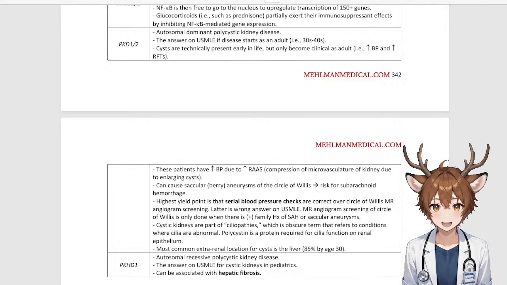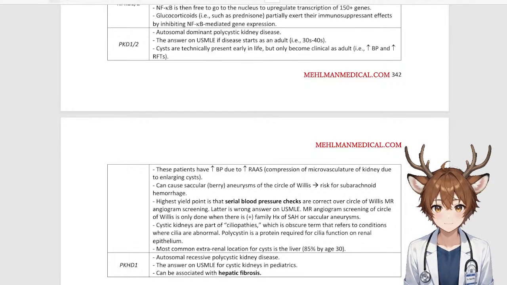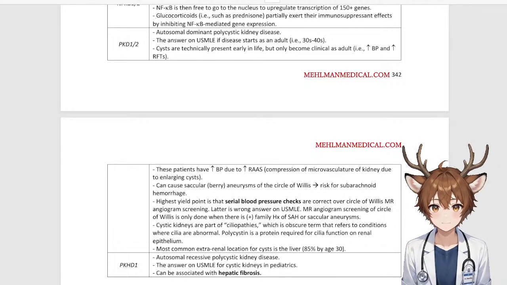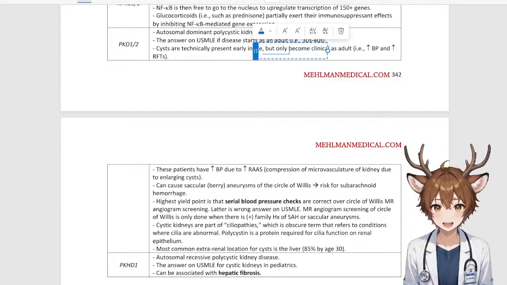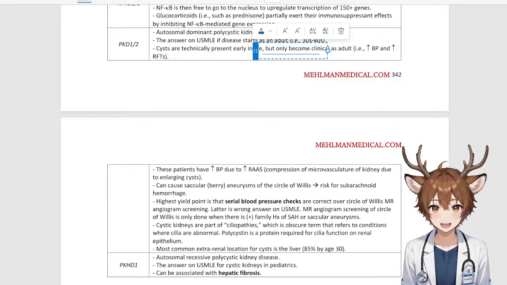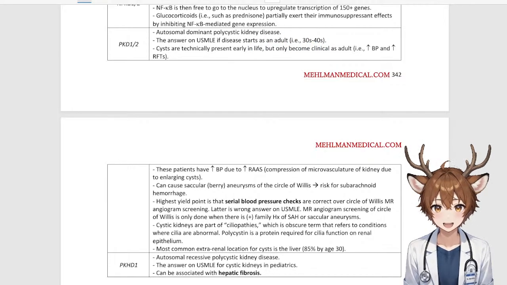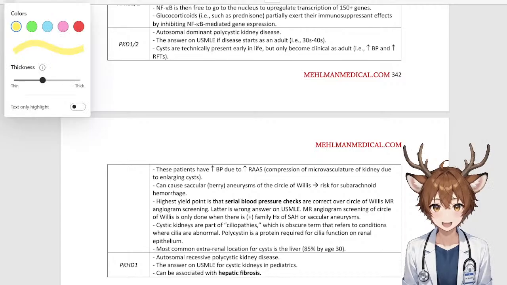Let me underline something. Can I underline directly, or do I have to do something different? Let me check this out. I just want to underline. I can highlight, that's probably better.